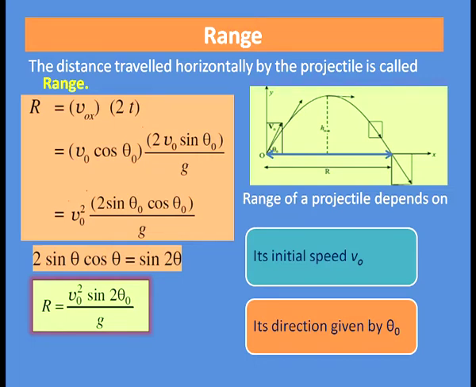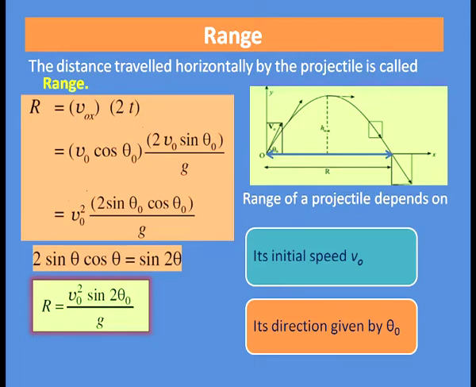So, the equation becomes v 0 cos theta 0 into 2 v 0 sin theta 0 divided by g. Finally, we get R equal to v 0 square 2 sin theta 0 cos theta 0 divided by g. But as you know, 2 sin theta 0 cos theta 0 equal to sin 2 theta 0. So, we get R equal to v 0 square sin 2 theta 0 divided by g.